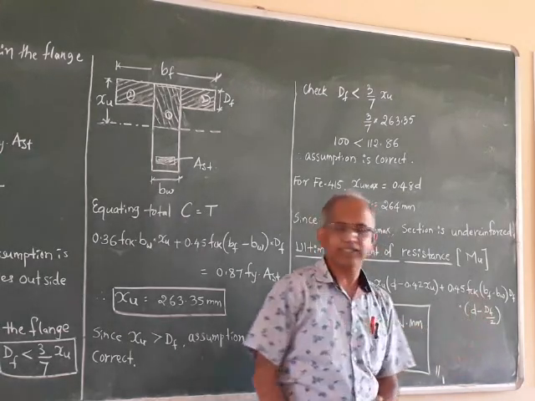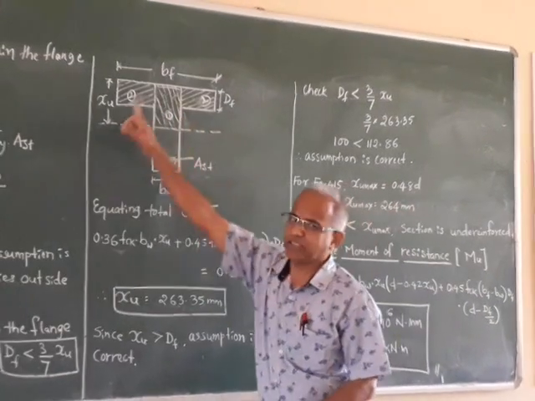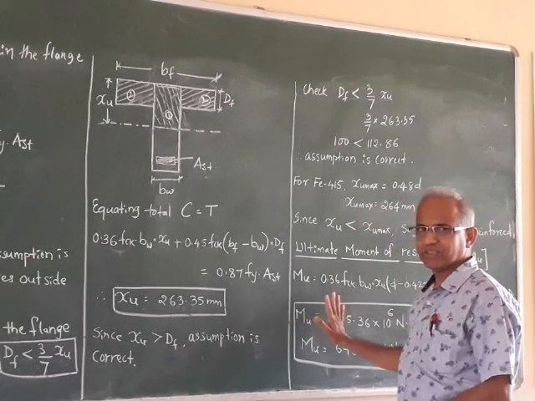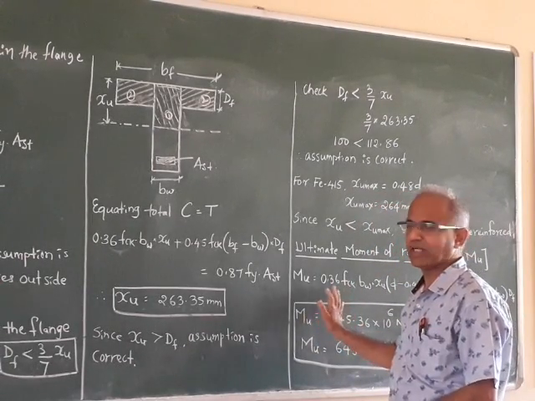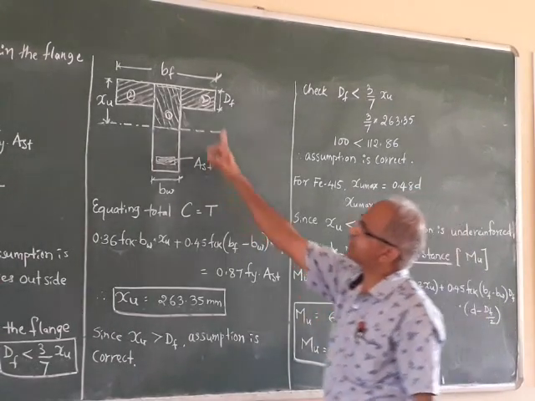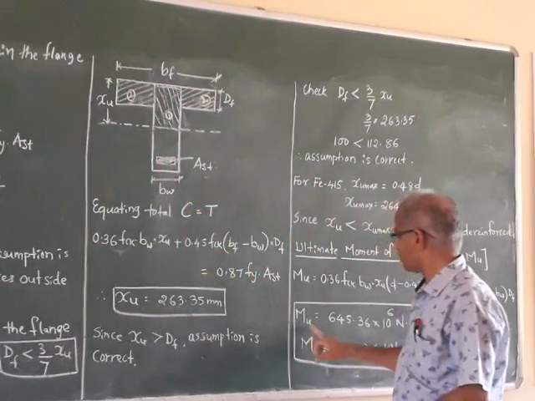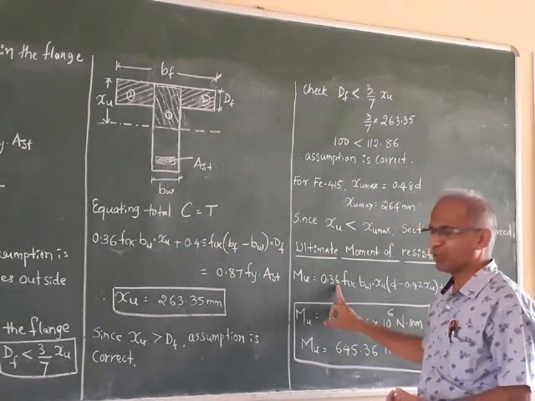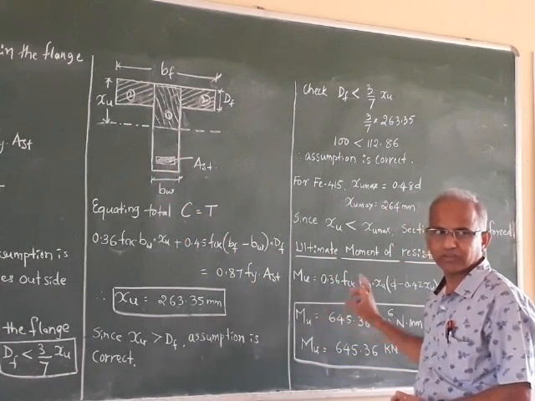Now see here, in this sketch, don't memorize these values or this equation. Try to understand it by referring to this sketch. Moment is equal to force into perpendicular distance.